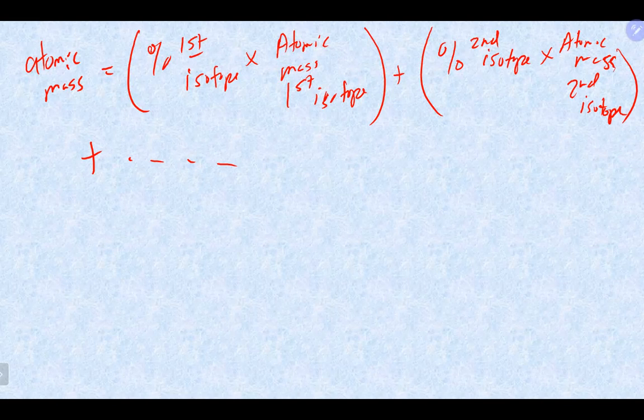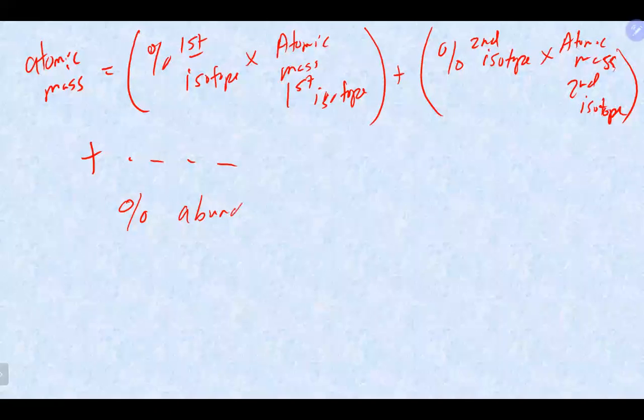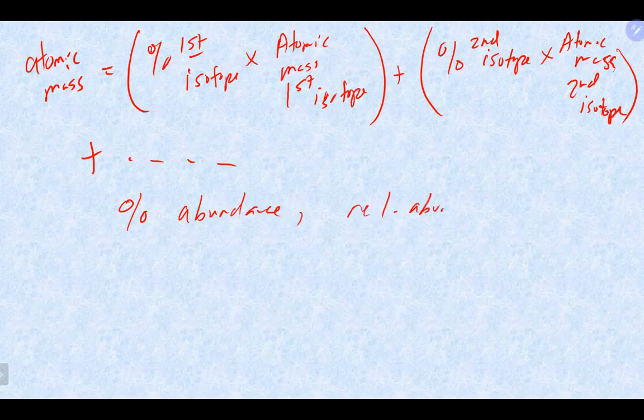What is the percentage? The percentage is sometimes called the percent abundance or relative abundance. It basically is the percentage at which that isotope occurs naturally, right? So how do I know if I have all my naturally occurring isotopes?